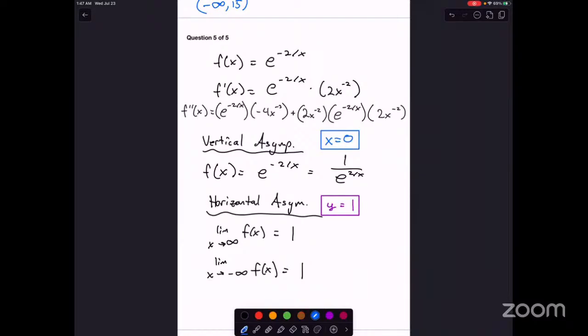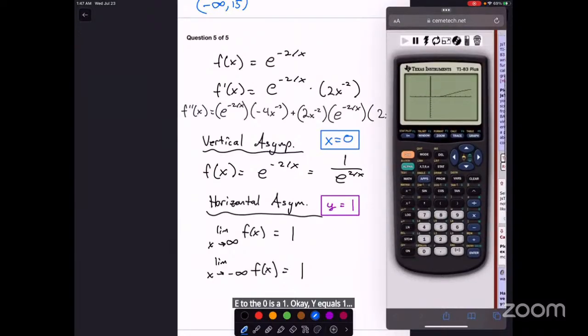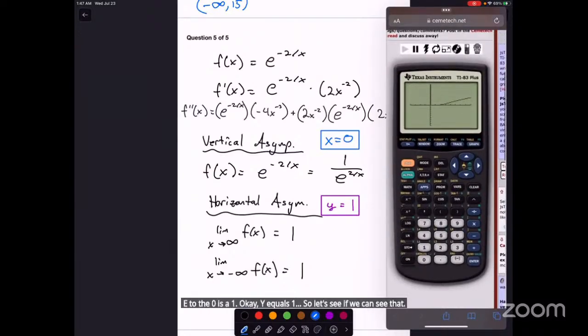Double negative is positive. e to the 0 is a 1. Okay, y equals 1. So let's see if we can see that. Okay, it does like level off, but it doesn't go to negative infinity.